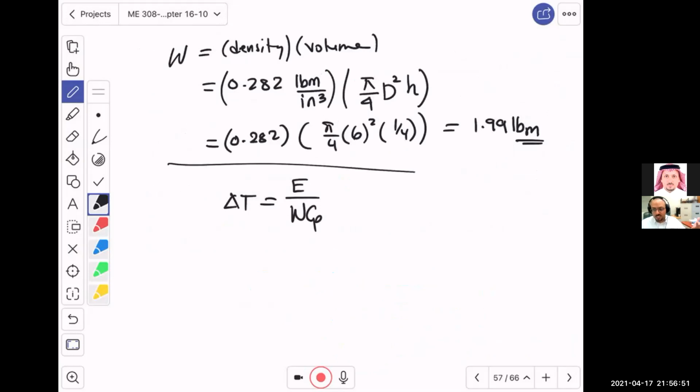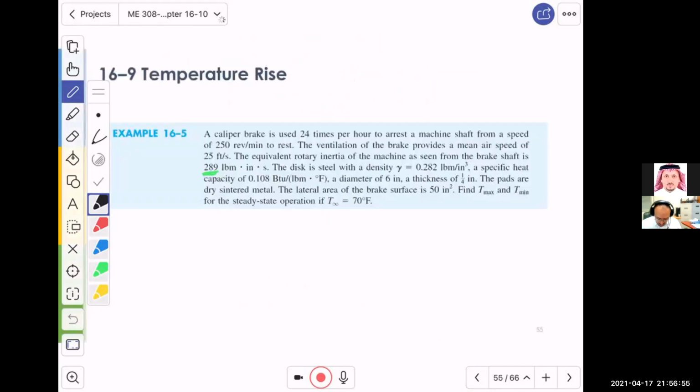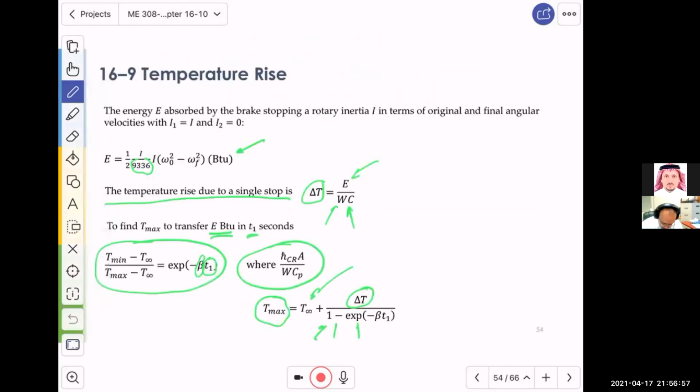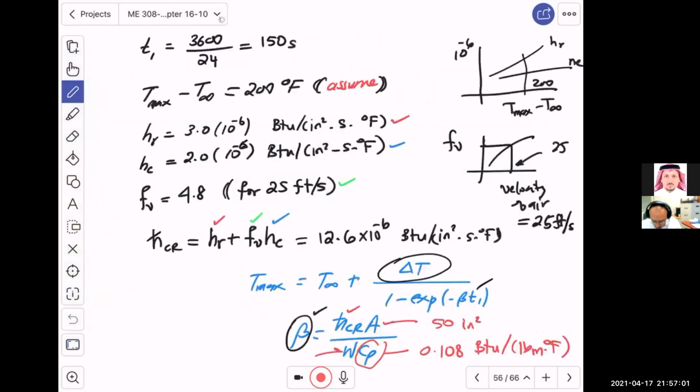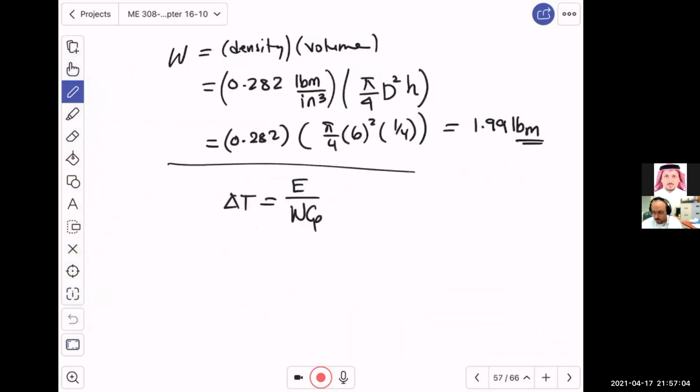What is E? If you recall, we just said that E is equal to this in BTU. So I will write down this equation for you. E is equal to 1 over 2, and then I divided by 9336, and then we have omega 0 squared minus omega f squared.